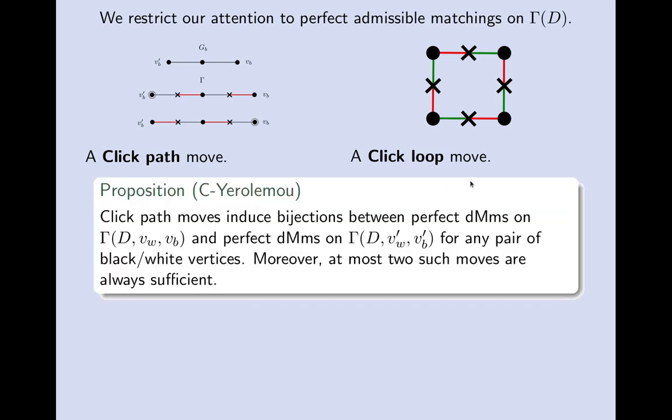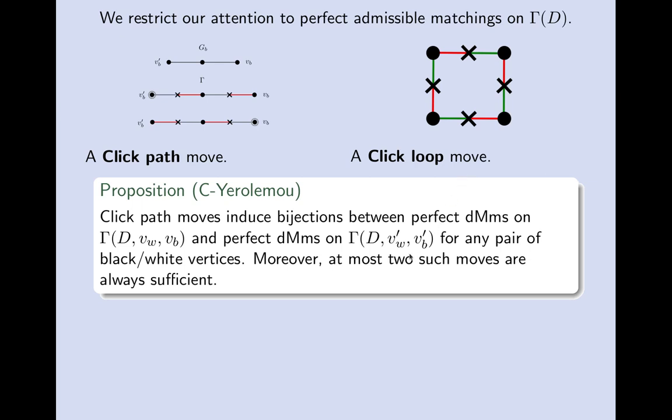The first thing we can say about click path moves is that they induce bijections between perfect discrete Morse matchings on the reduced Tait graph for a fixed choice of forbidden regions, not necessarily adjacent. In this case, we're just talking about partial Kauffman states, and perfect discrete Morse matchings for any other choice of forbidden regions.